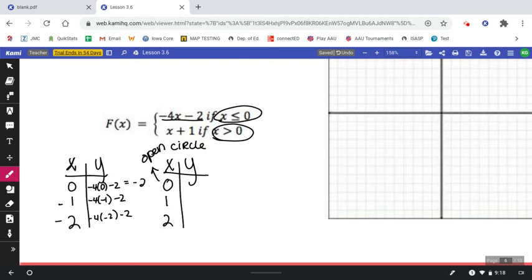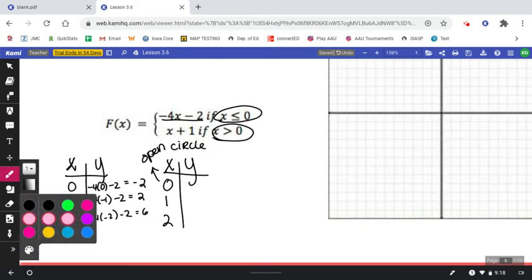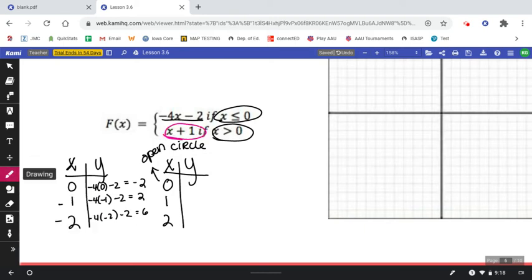Which gives me negative 2, positive 2, positive 6. For the second one, I'm going to be using the second equation, the x plus 1. So I'm going 0 plus 1, 1 plus 1, and 2 plus 1. 1, 2, and 3.